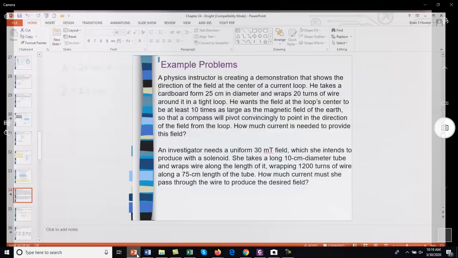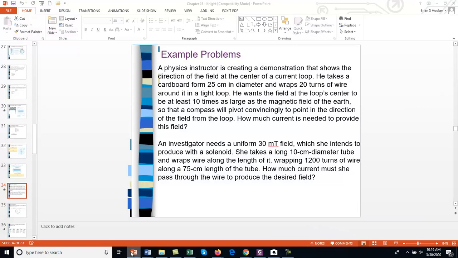All right, that seems big to me, but okay. So our radius R is equal to 12.5 centimeters.